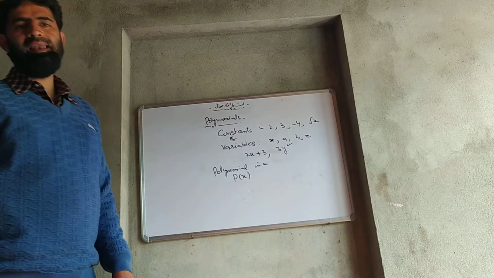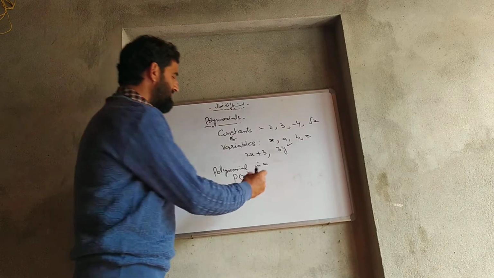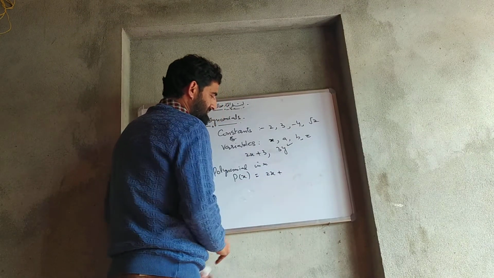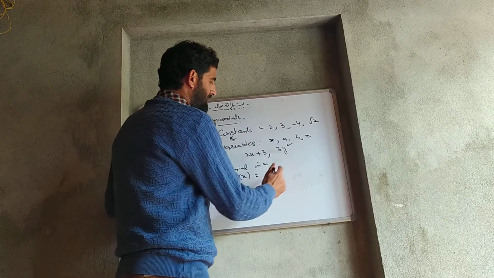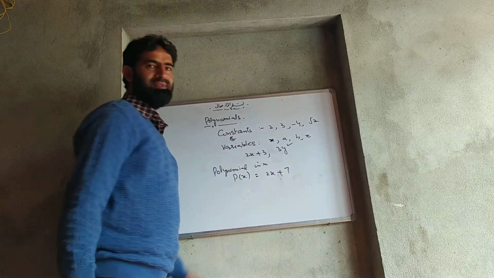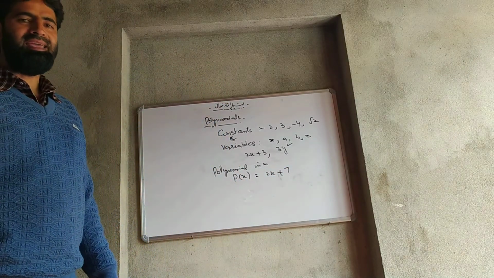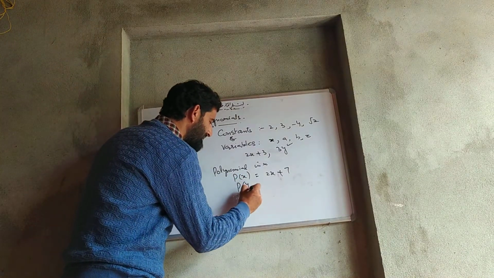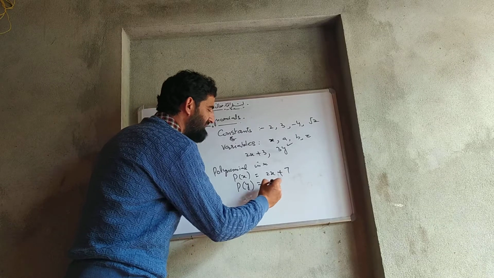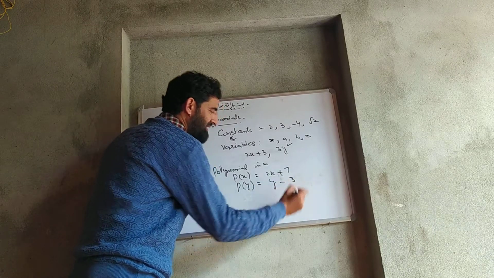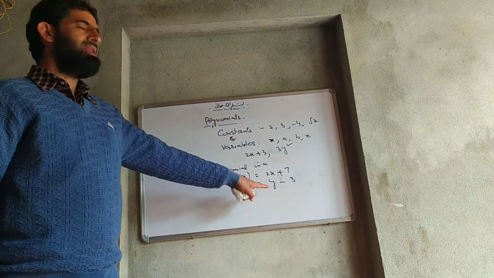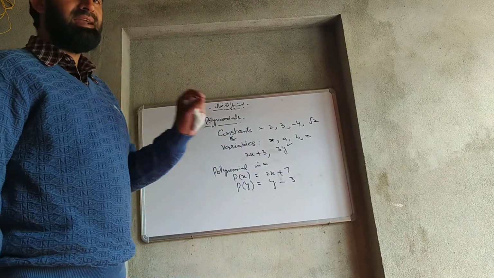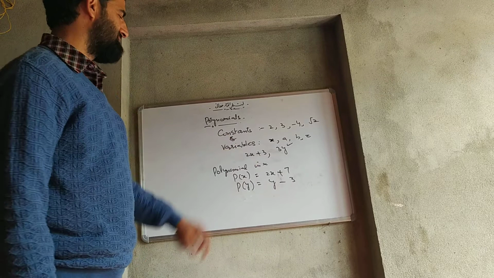That is a polynomial in variable x, equivalent to 2x plus suppose 7. If we write a polynomial in y, then it is y minus 3. This is a polynomial in y because there is only a single variable, that is y.